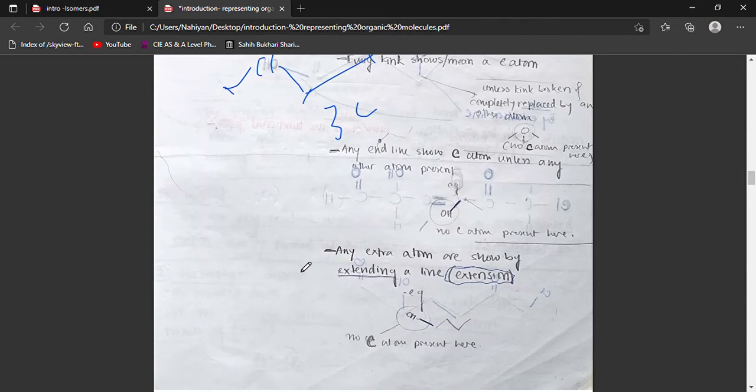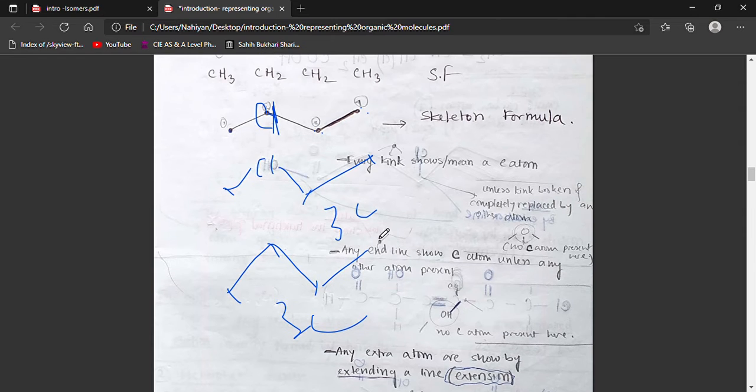Or it could be at the end, so 1, 2, 3 carbons, but at the end, if you write OH, now this line is an extension, and it doesn't represent any carbon.